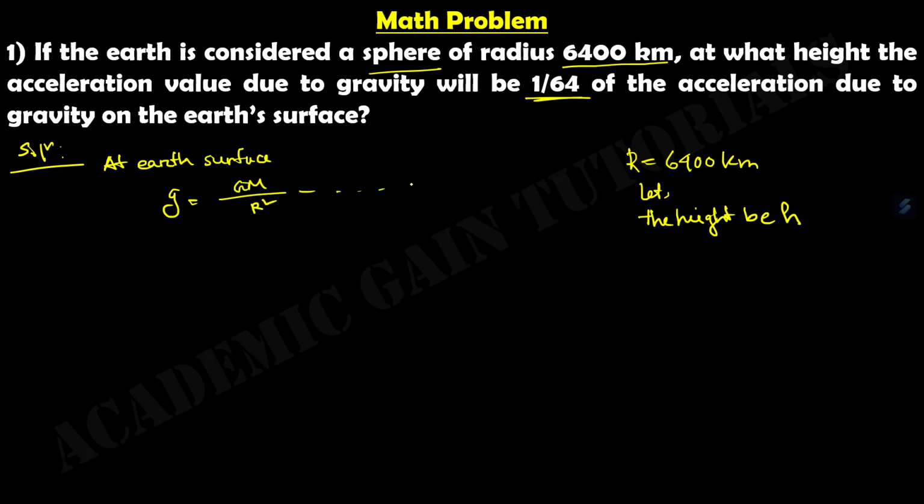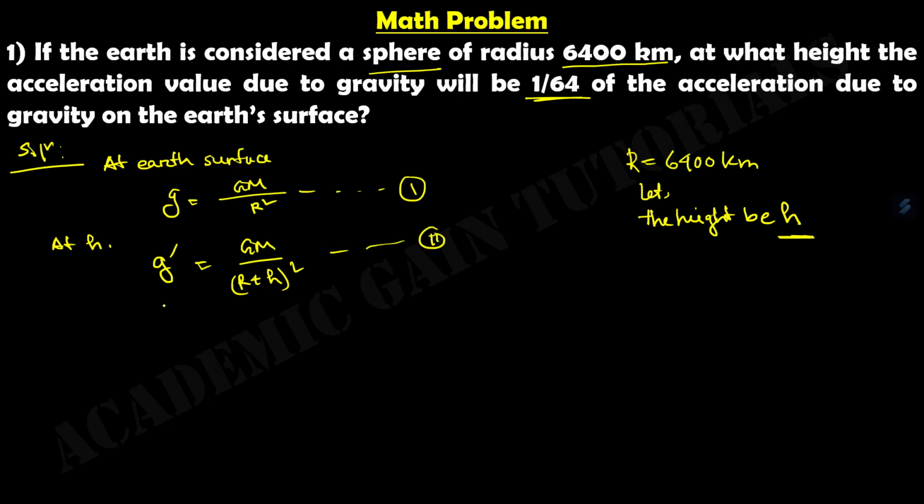This is our equation 1. And at the height h, our gravitation g prime will be equal to GM by (r plus h) whole square. This is our equation 2.